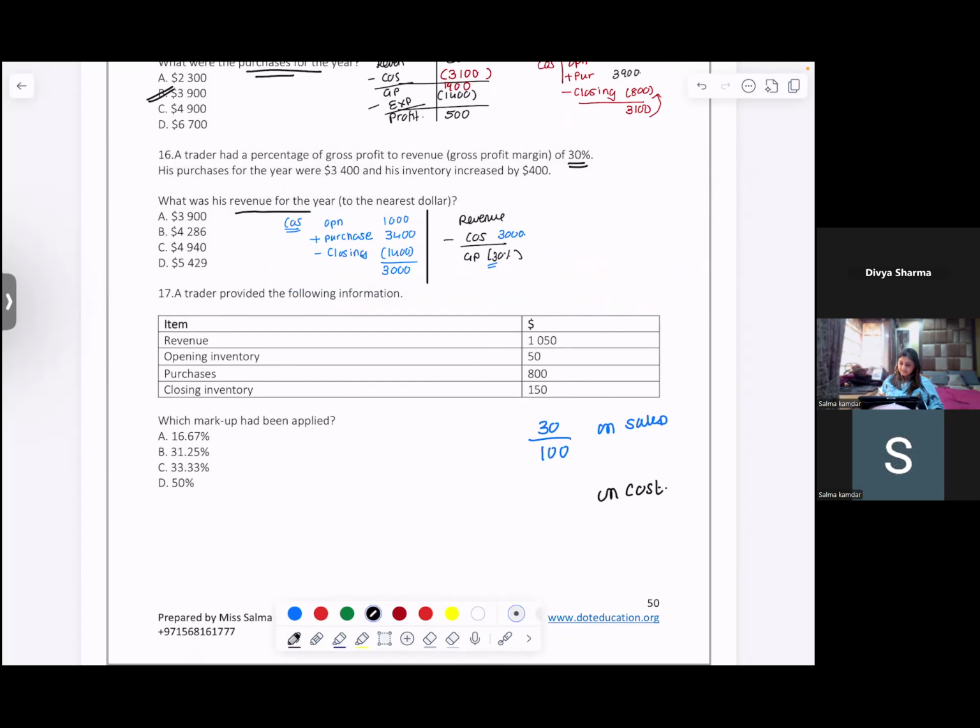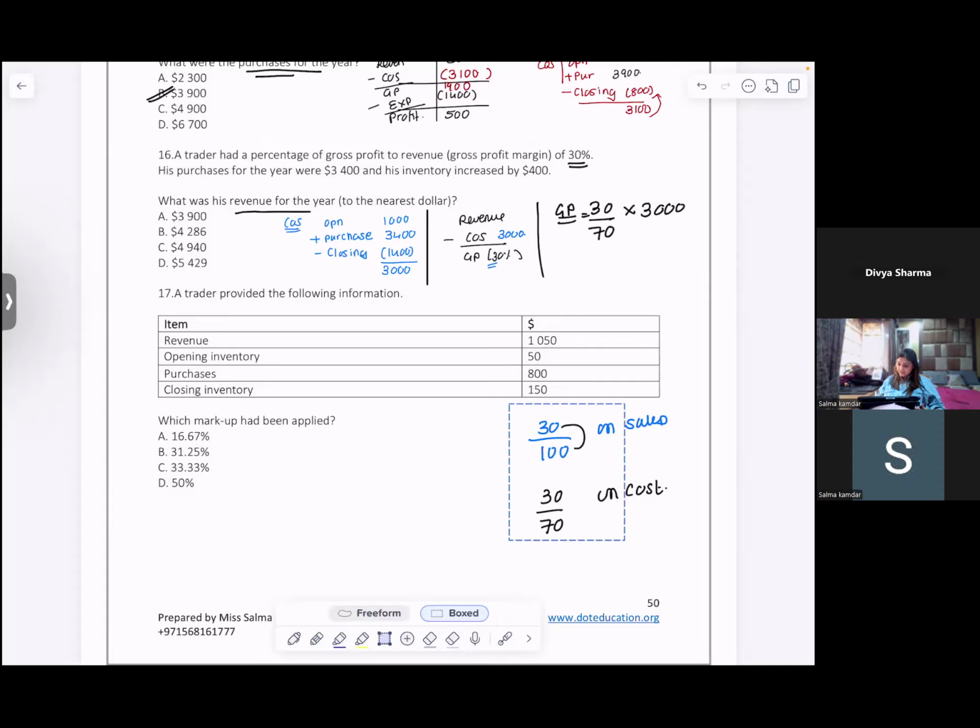It's going to be 30 on 70 on cost. If I want to go from sales to cost, I have to come down, so I minus the numerator from the denominator. So gross profit would be 30 by 70 on the cost of 3,000.